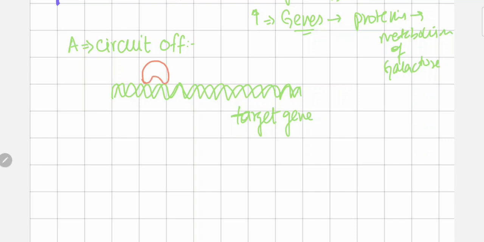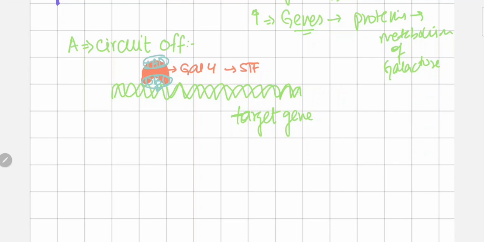This is our STF, the special transcription factor right here, and this is called GAL4. GAL4 is the STF, and it has a transcription activation domain above and a DNA binding domain below, right? With the DNA binding domain, it is attached to the DNA, and then we have the transcription activation domain.